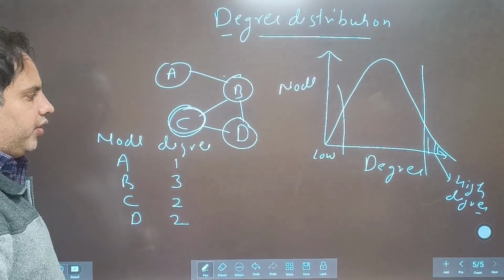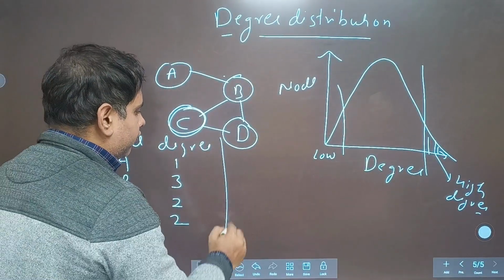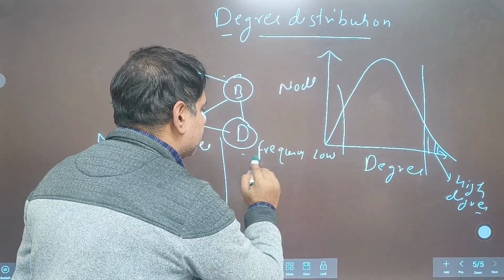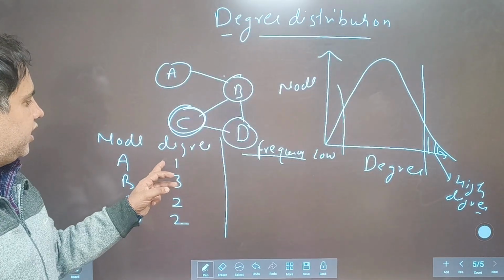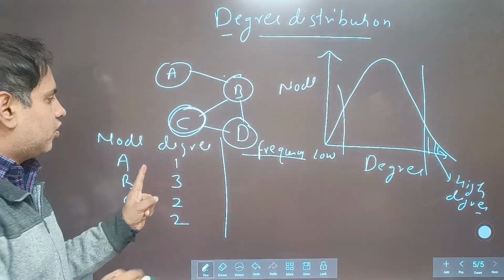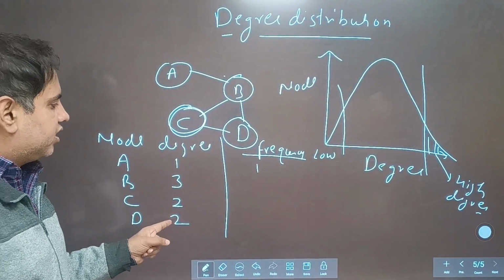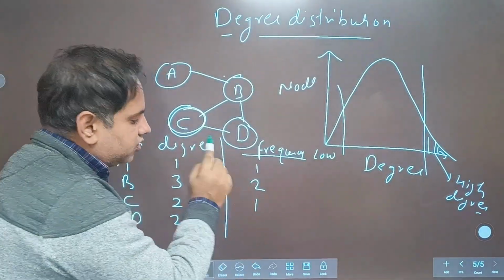If we do the distribution of the degree, we look at frequency: how many nodes have 1 degree? Only 1. How many nodes have 2 degree? There are 2. How many nodes have 3 degree? 1. That is the frequency.